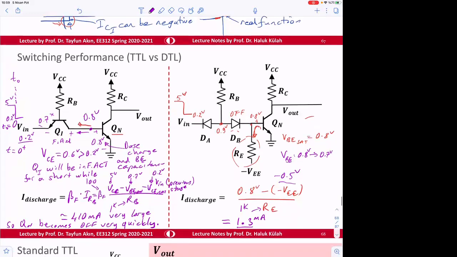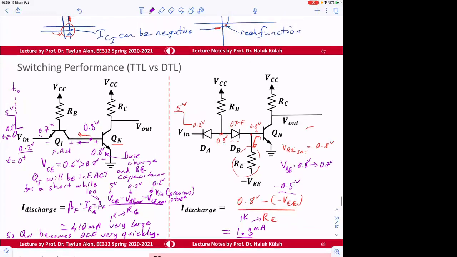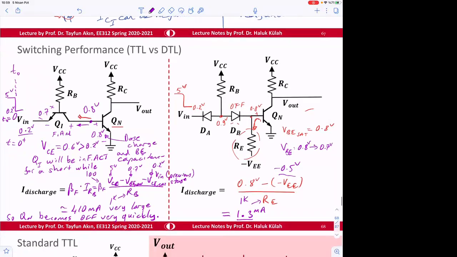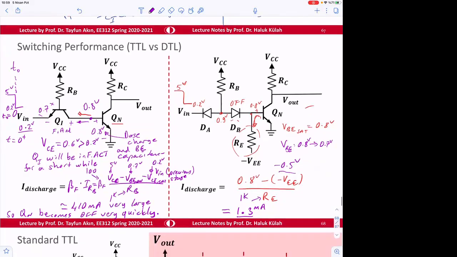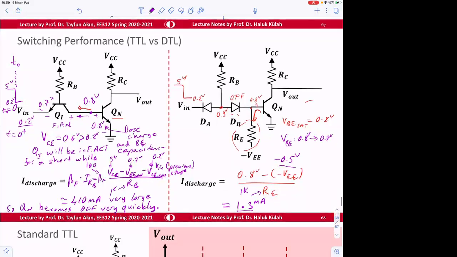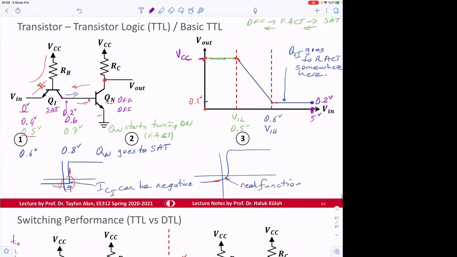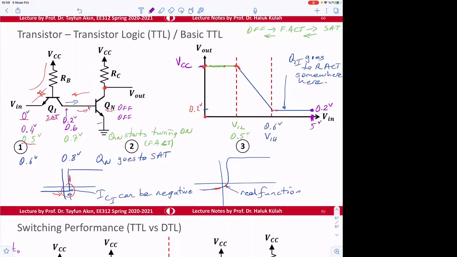So that explains another advantage of this TTL structure. So this basic structure is good in a sense because of these effects, but it should be noticed that this break time is so slow, and then there are some other problems here.